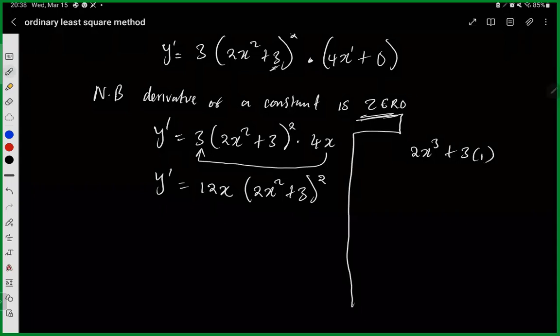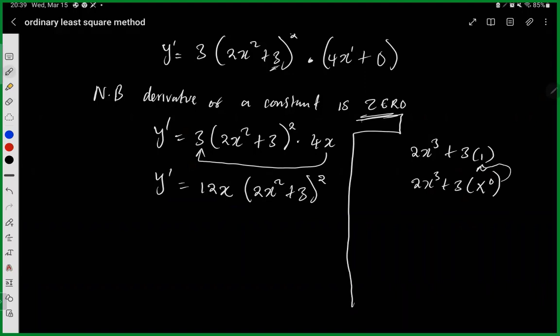What are the possibilities of getting 1? The possibility of getting 1 here is that this is x to the power 0. Any number to the power 0 is equal to 1.